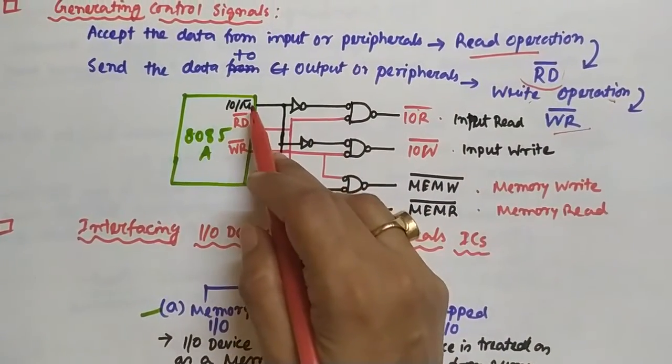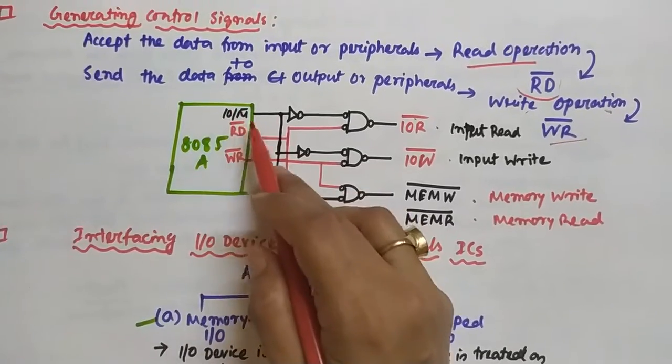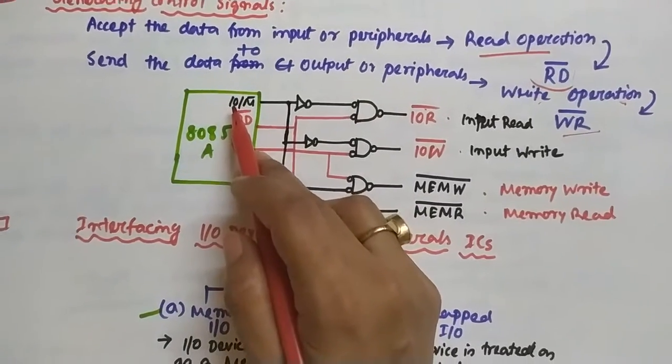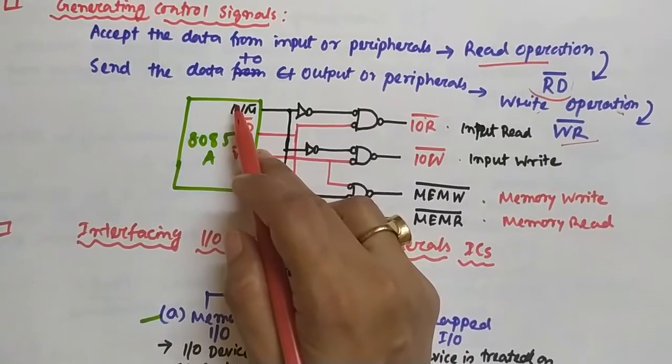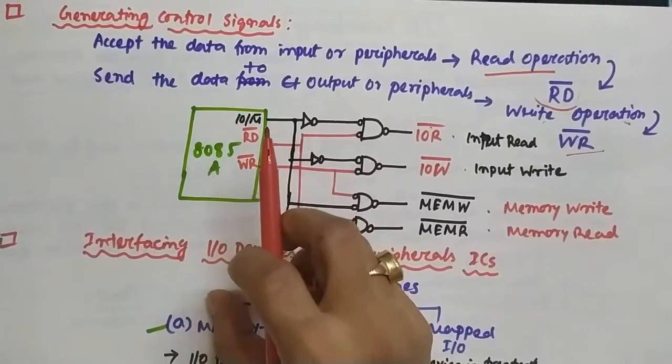So IO/M bar. In that case, if logic is applied here, then we can get IO. This pin is high when the input-output operation is going on, and this pin is low when the memory operation is going on.